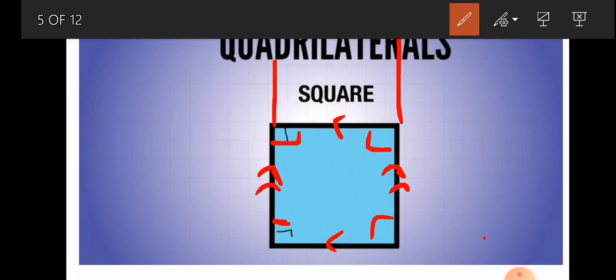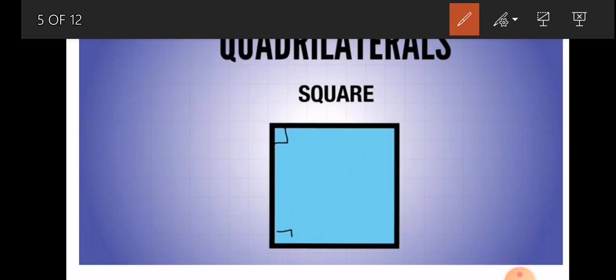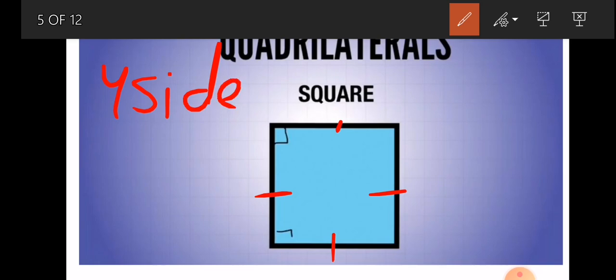So the first property, we have pairs of parallel lines. The second property, the square has four right angles. The third property, which is different from the parallelogram and the rectangle, is that the four sides are equal. The four sides are equal, not each two.